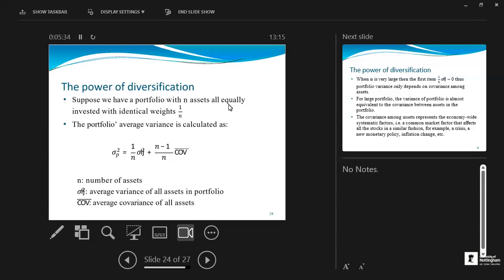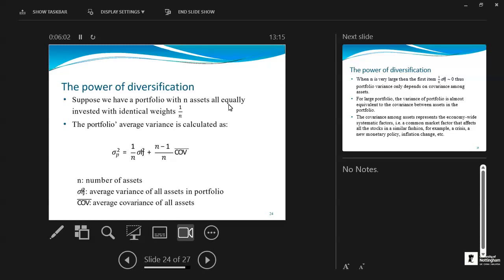If you look at this, 1 over n is simply the weight, and then we have the variance of stocks from i to j. There is some overlap here, so it might not be as clear in the slides, but it says the variance of stocks from i to j, if you have i to j assets.